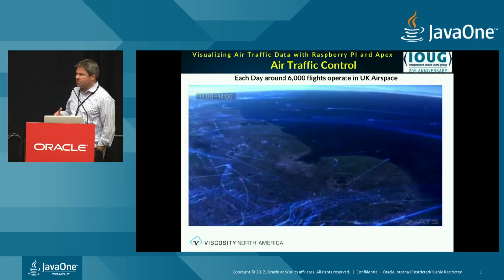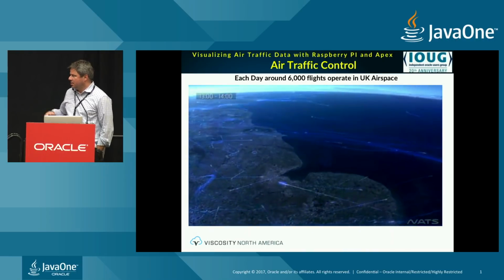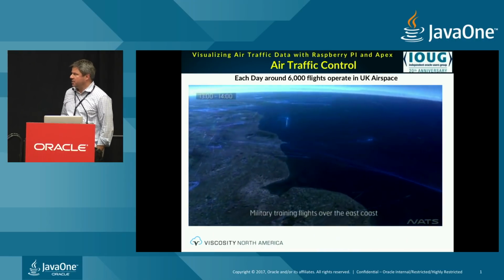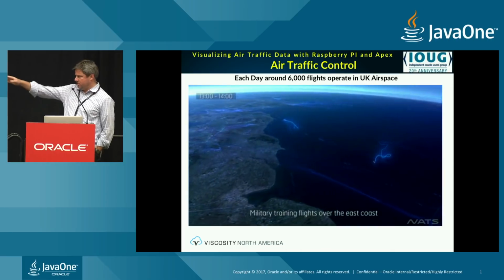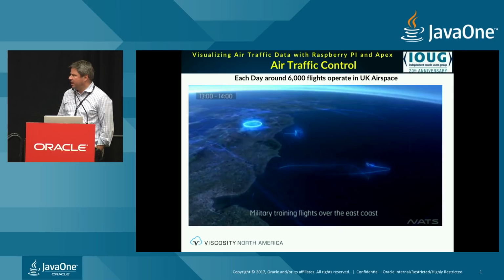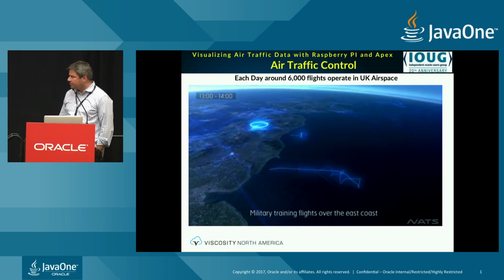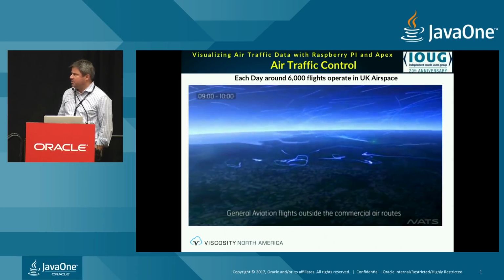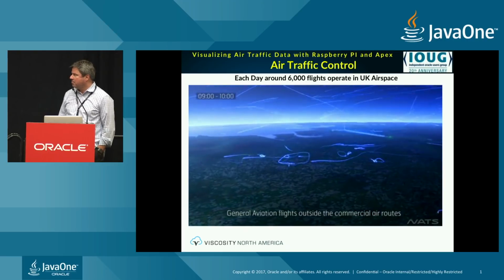So the way they track this is all this data is collected, sent out by the aircraft. I'm sorry, these are the military planes, yeah. Sent out by these aircraft, and they visualize it in three-dimensional space.